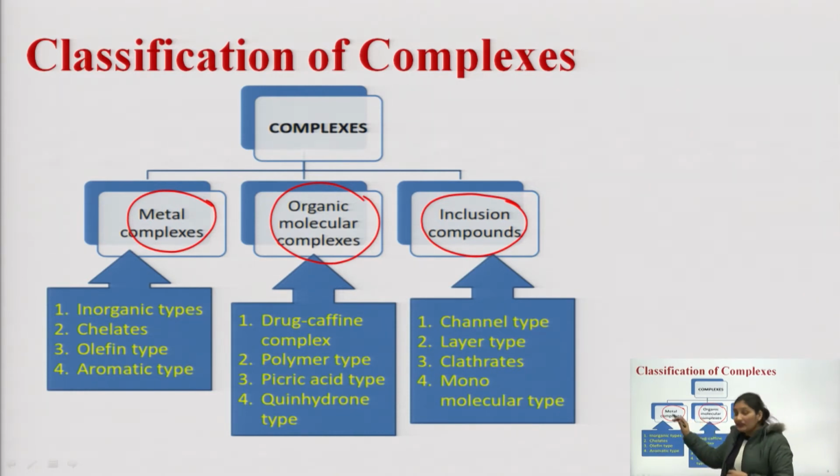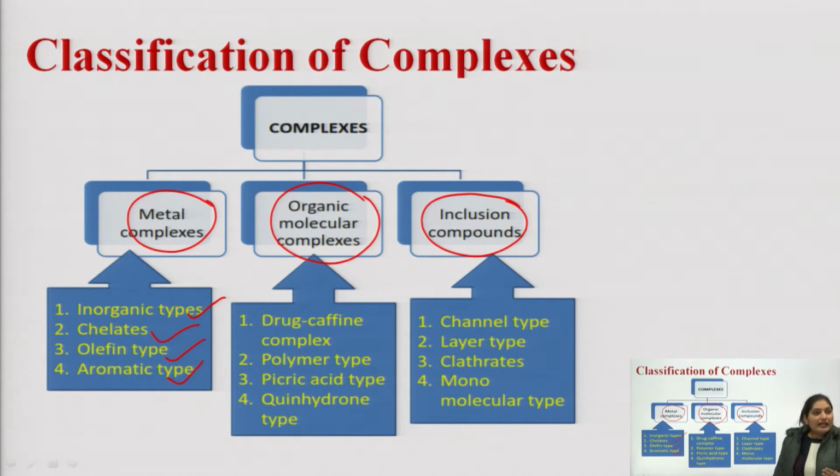Metal complexes are further classified into 4 types. What are these 4 types? Inorganic type, chelates, olefin type and aromatic type.